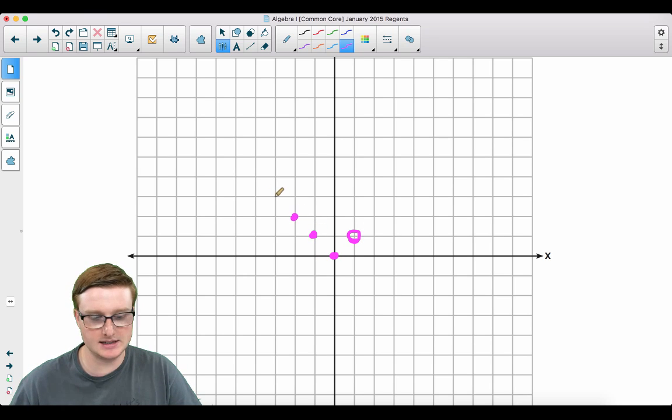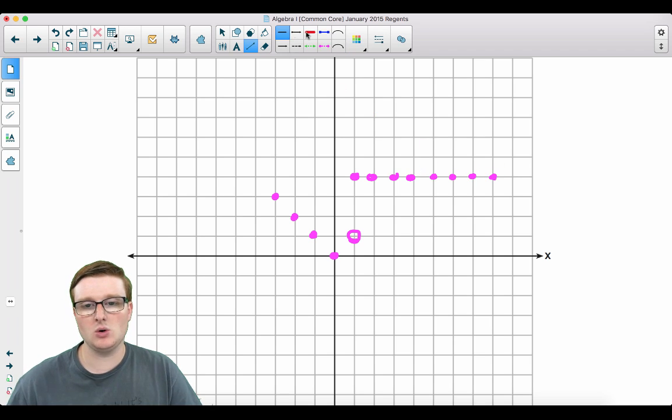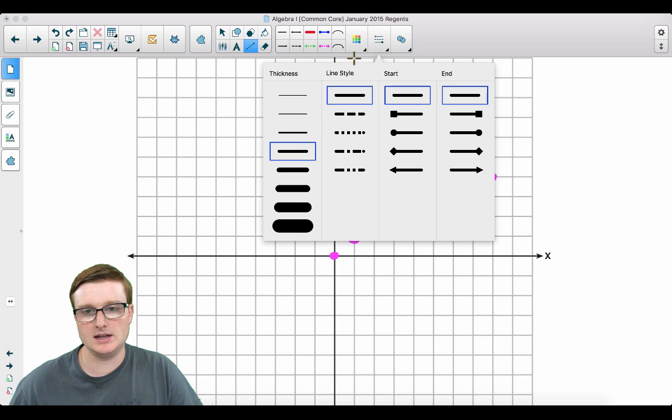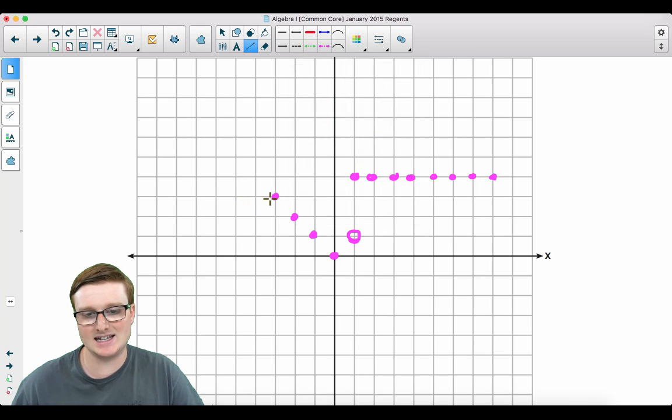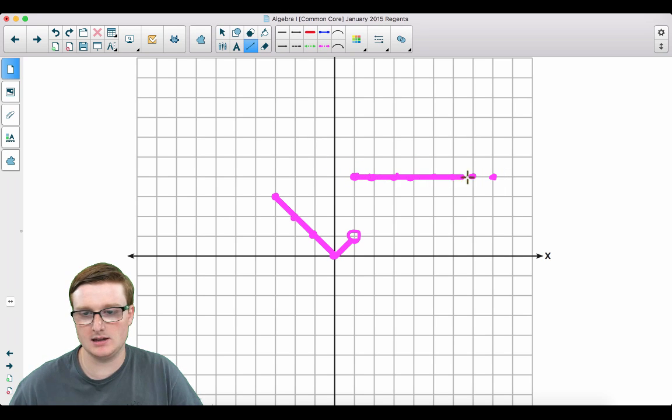This right here is the absolute value function, and this over here is your horizontal line. All you're going to do now is connect these points. Just like this.